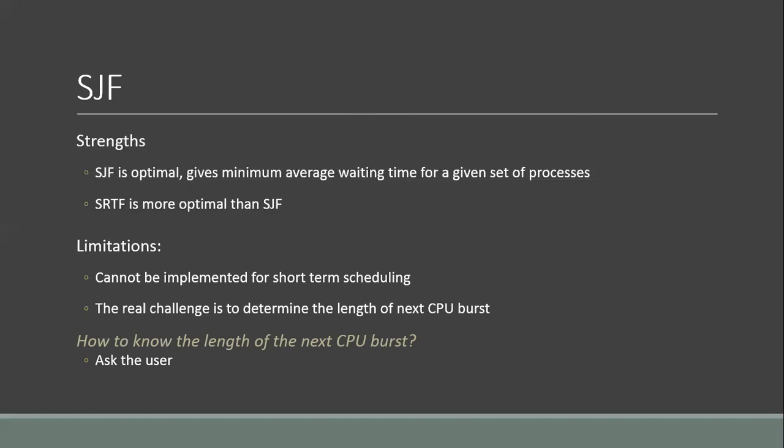And if the user gives the accurate execution time for his job, the response time will be better for the user. And if the user provides an inaccurate value for the execution time of his job, in that case, a time limit exceeded error will occur and the user will have to resubmit the job.